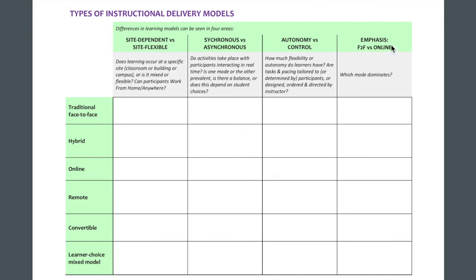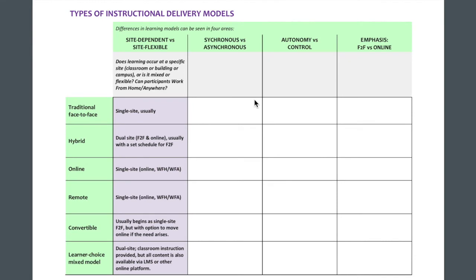Finally, and this is in particular relevant for mixed models, you have the emphasis: how much is face-to-face and how much is online. So we're going to start with this first category here, site-dependent versus site-flexible.